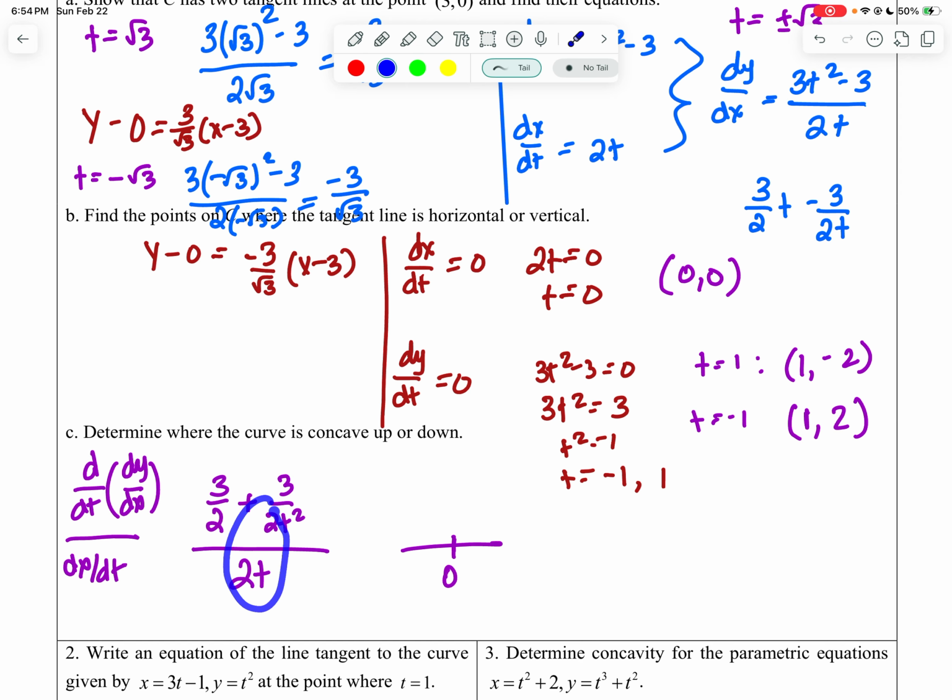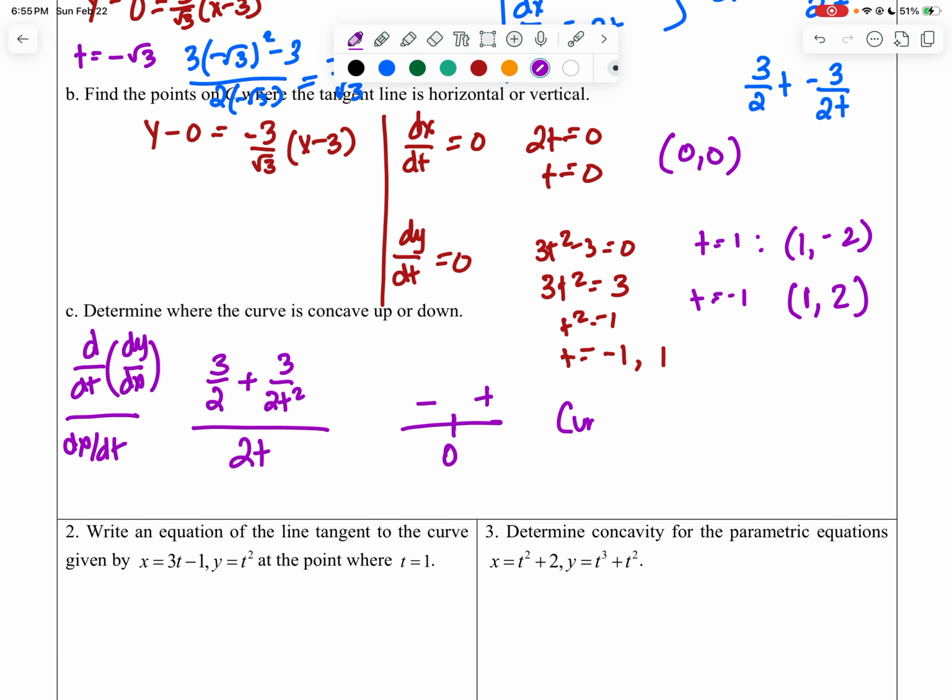So positive and a negative would be a negative. And then if I plug in something to the right, let's say 1, this is still going to be positive. This is going to be positive. So this is going to be positive. So then the curve is concave down from -infinity to 0, and then concave up from 0 to infinity.